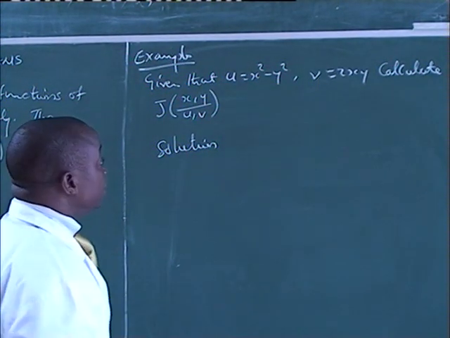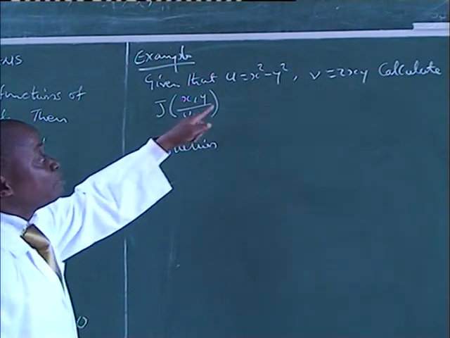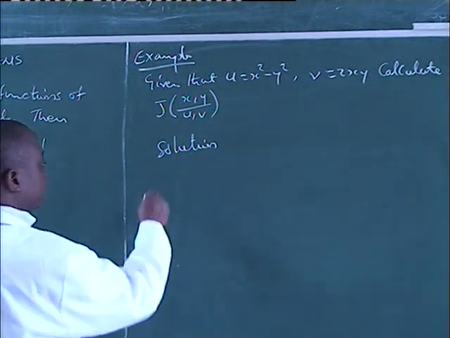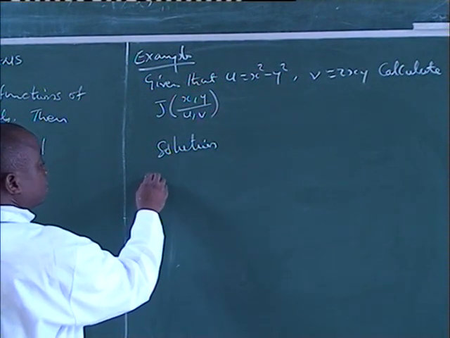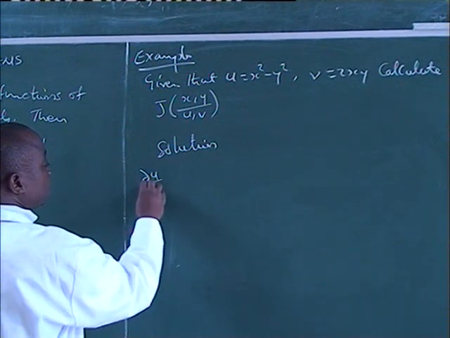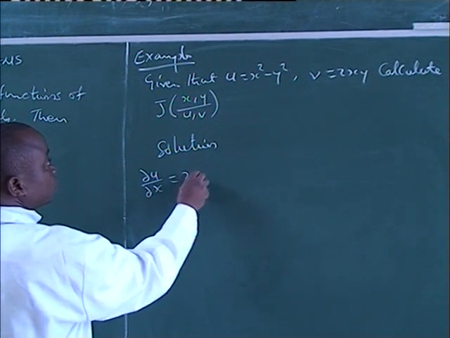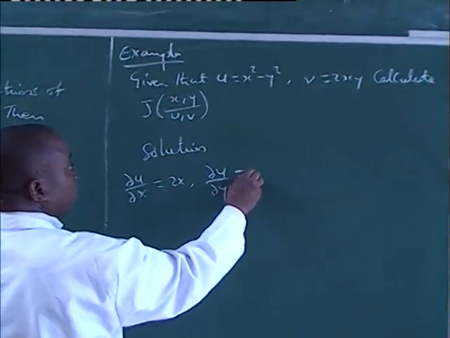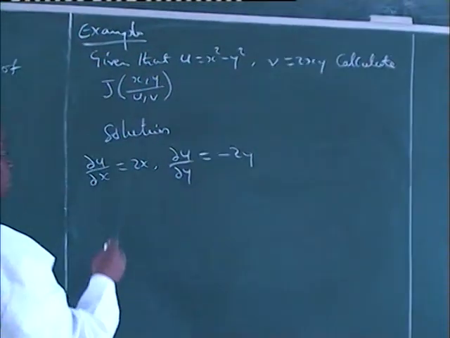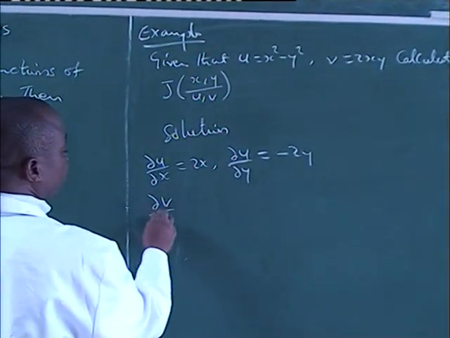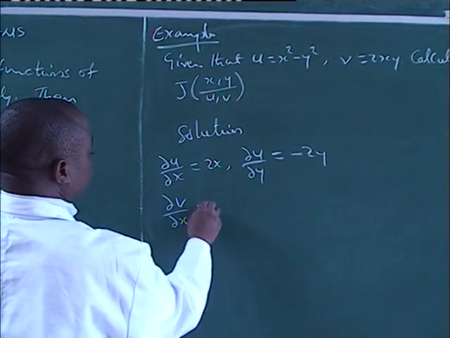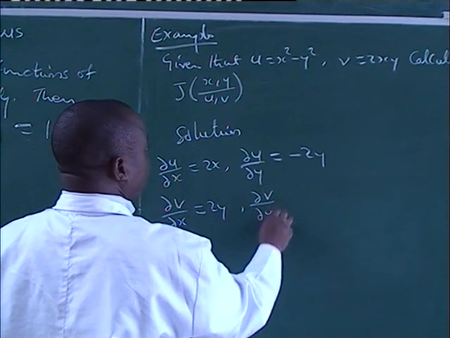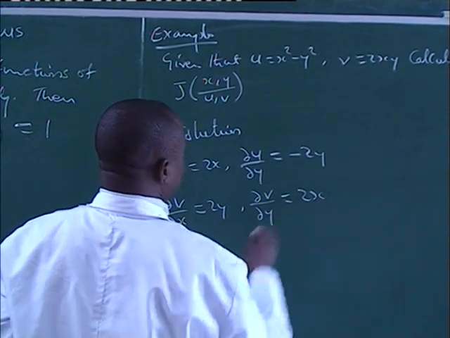So what we do is to take the Jacobian of this function that is expressed, and then we know that partial u partial x is 2x, partial u partial y is minus 2y. We also know that partial v partial x is equal to y. Then partial v partial y is what? 2x.